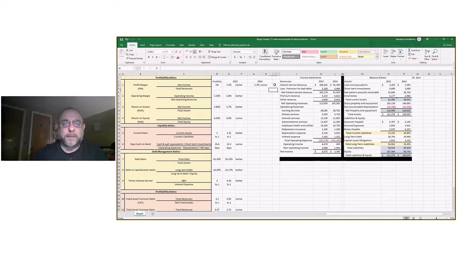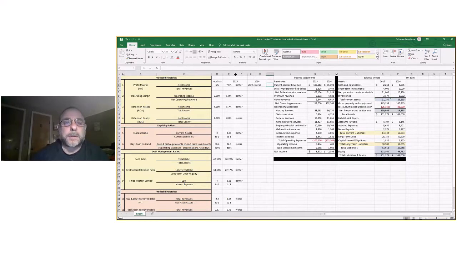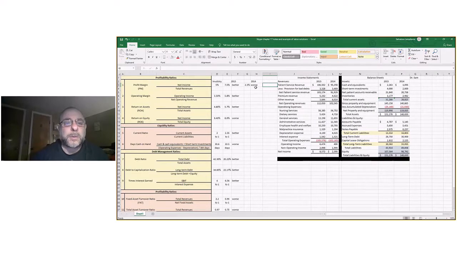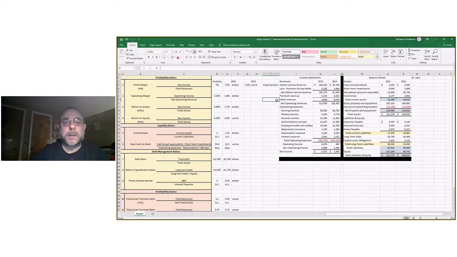So not only did we do better than the industry in 2015, there was improvement from year 2014 to year 2015.